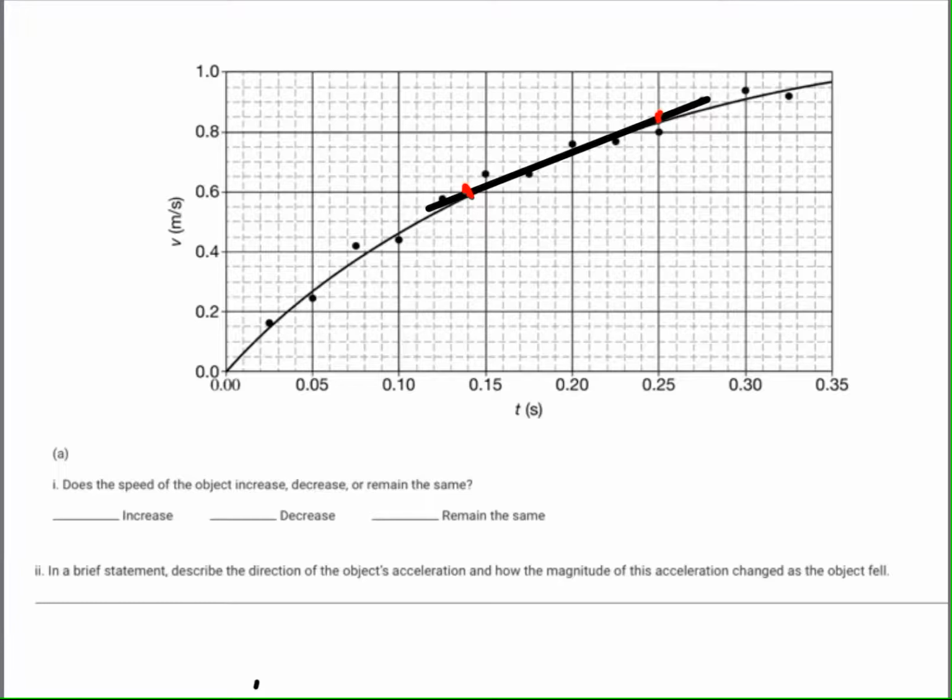Okay, so we're going from 0.6 to here, which would be 0.82. So we're going from 0.6 to 0.82. So 0.82 minus 0.6. And then we're going from 0.14 seconds to 0.25.